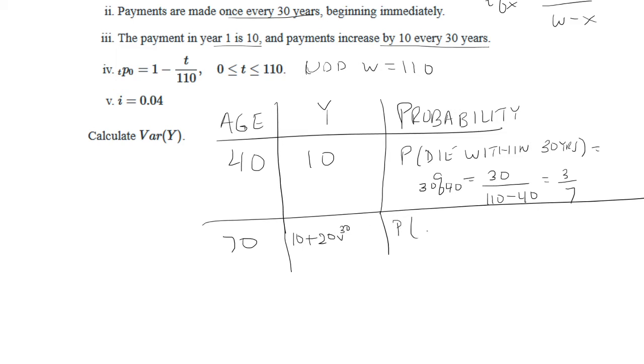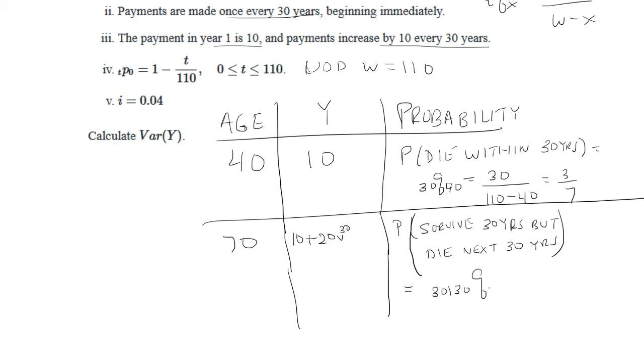So now we have to look at the probability we survive 30 years but die the next 30 years. Because it's UDD, it's the same thing as 30q40, which we already found above is 3/7.